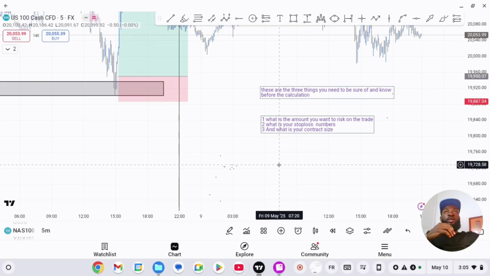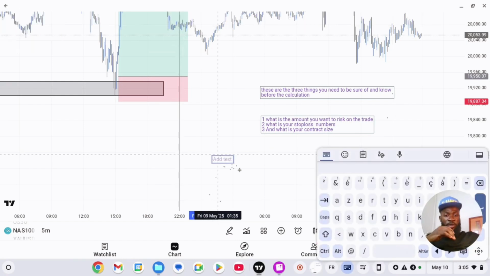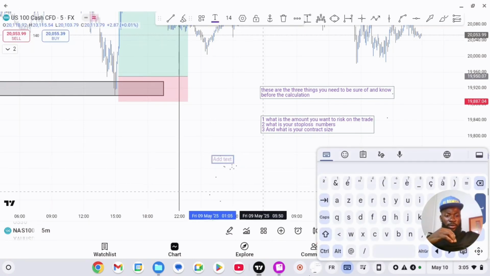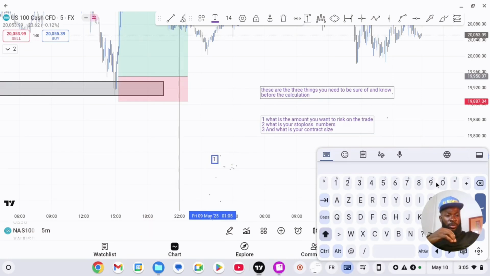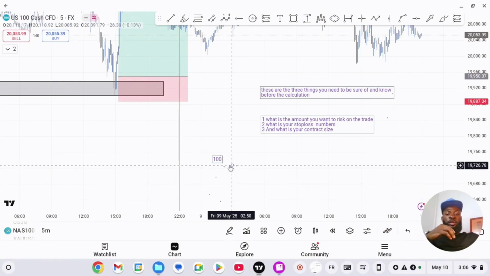For example, let's say you have a 10K account and you want to risk 1% per trade. 1% is $100, right? We are sure you want to risk $100 on a trade.